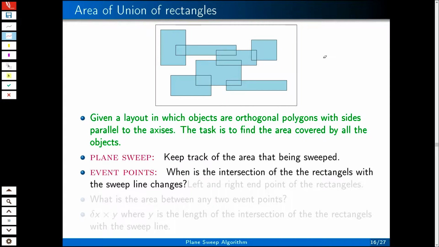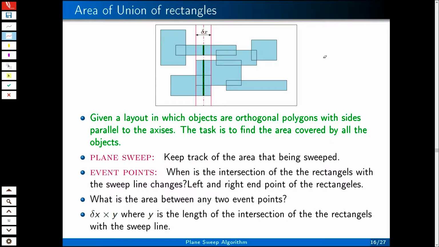So, are you with me till now? We are sweeping a line from left to right, and we are stopping at the left endpoint and the right endpoint of the rectangles. If I try to find out the area covered between two event points, how to find that?